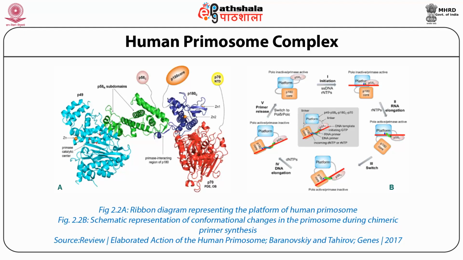The second step coincides with elongation of the RNA primer, forming a short stretch of oligonucleotides formed of rNTPs. Thereafter occurs the event of polymerase switching.